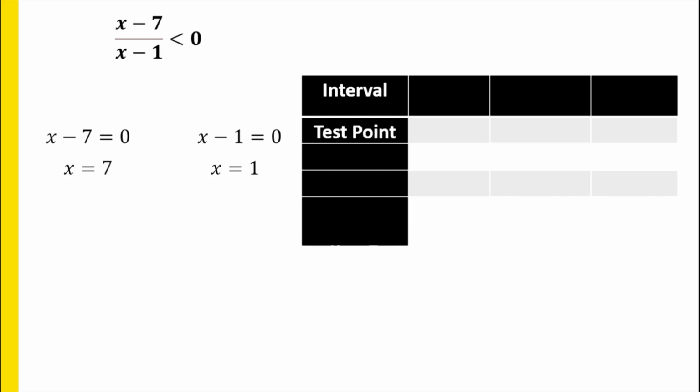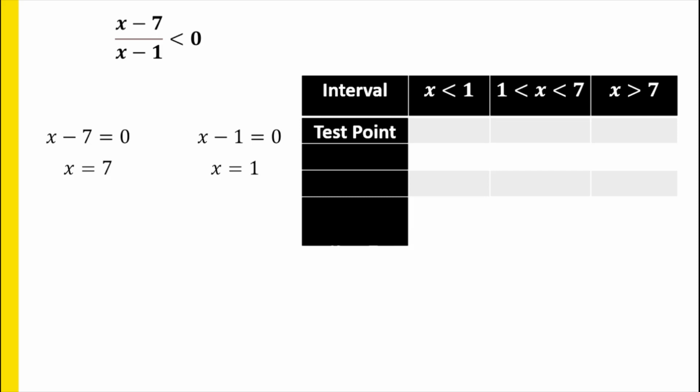Okay, so in constructing the sign table, of course, we'll have here 3 intervals. Since we have 2 critical values here, which are 1 and 7, we'll have here x is less than 1, and then x is between 1 and 7, and x is greater than 7.